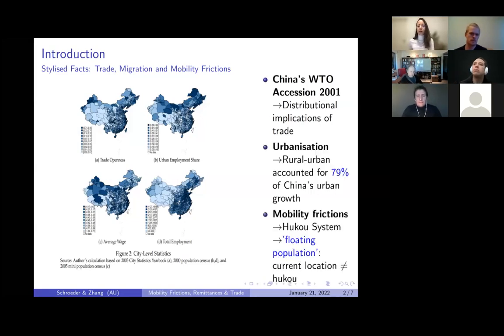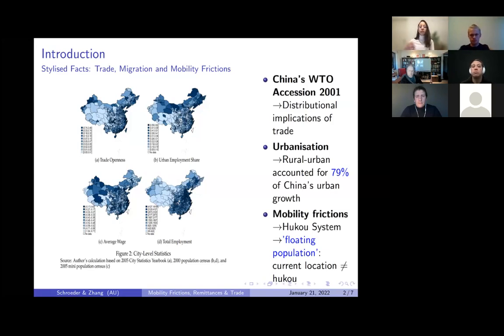Now, we also know that urbanization accounts for about 80% of China's urban growth. And that is despite the fact that there are huge mobility frictions at hand, and that goes through the so-called hukou system. The hukou system is a household registration system which was implemented in the 1950s in order to control the amount of urbanization in China.